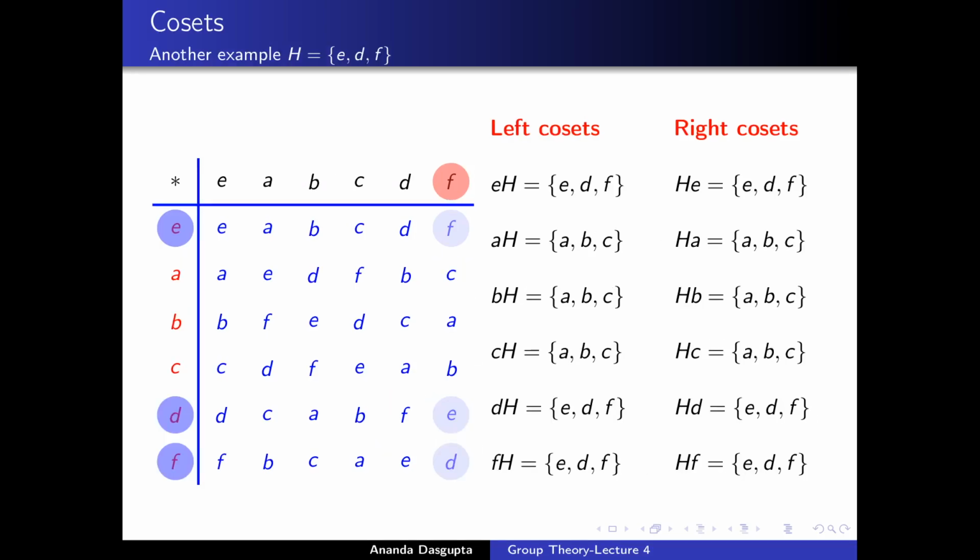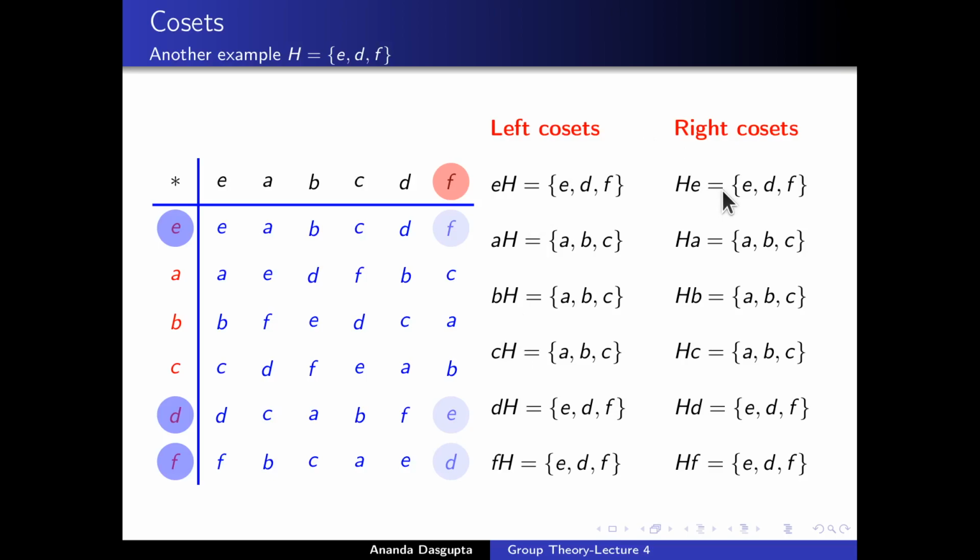However, we had also taken a look at cosets for another subgroup, which is the subgroup consisting of the three rotations, E, D and F. The 0-degree rotation, 120-degree rotation and 240-degree rotation. And in this case, as you can easily see, all the left cosets are exactly identical to the corresponding right cosets.